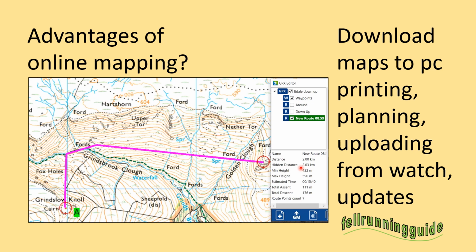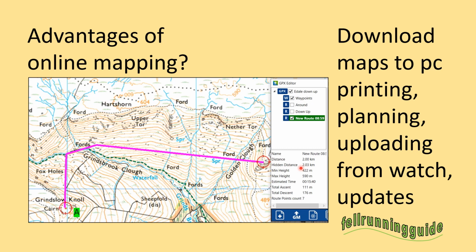That's a really useful tool I find for planning a route out, working out where to go, how long it's going to take me, how much elevation there is, things like that. Another thing, once I've been out for a run, I can use my Garmin watch and take the data off that and then upload it onto my mapping software and see where I've been.